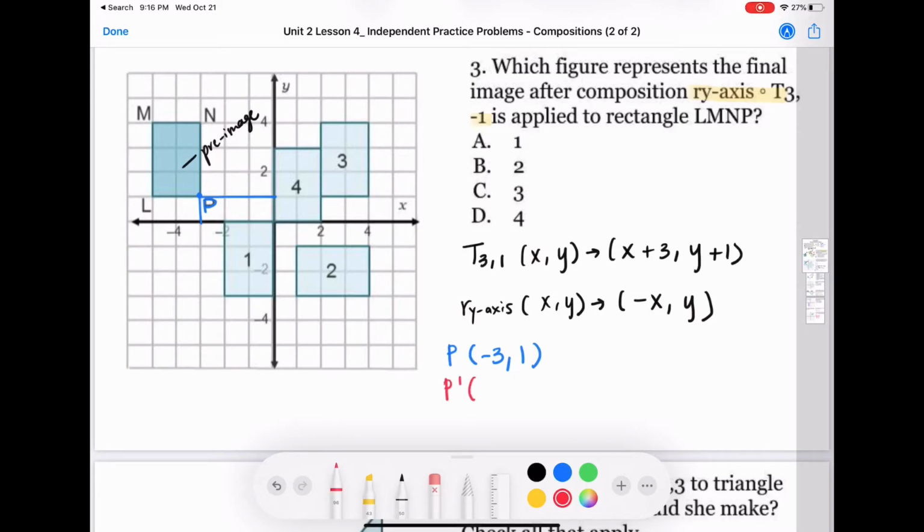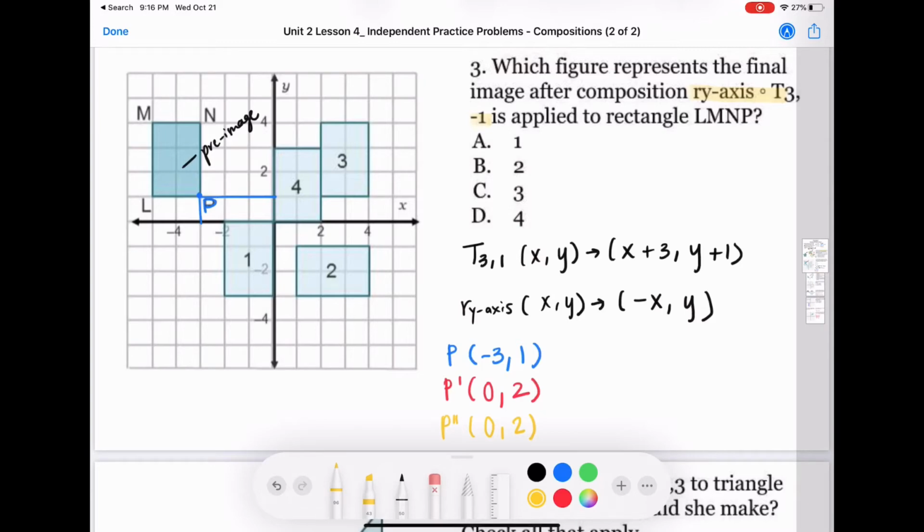So we would add 3, which gives us 0, add 1, which gives us 2, and then we would complete the next transformation, which tells us to keep the x and y coordinates where they are, but to go ahead and negate the x.